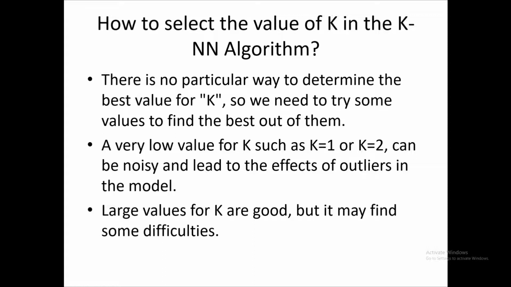There is no particular way to determine the best value for k. So we need to try some values to find the best out of them. A very low value for k, such as k equal to 1 or k equal to 2, can be noisy, and it may lead to the effects of outliers in the model.